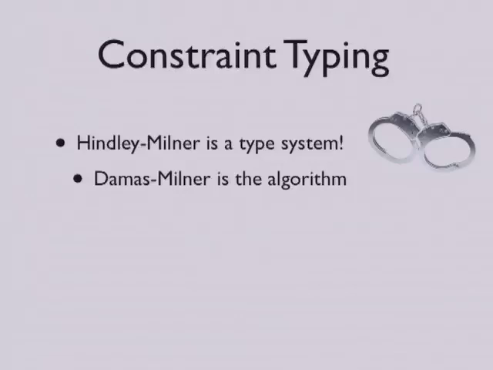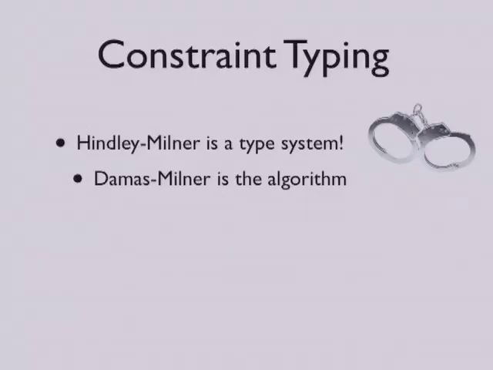And the algorithm is called Damas-Milner. So this is a slight misconception. Most people think the algorithm is Hindley-Milner. It's not. Hindley-Milner is the type system. And a type system is just a set of features, a set of things that the type system offers that the type checker is going to look at. And in this case, that set of features is implied entirely by the type inference algorithm.